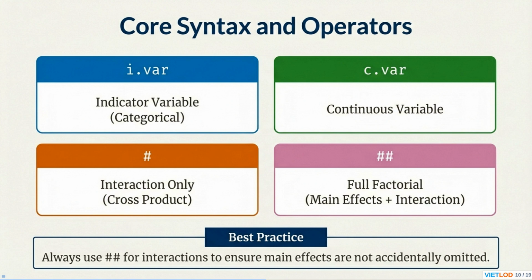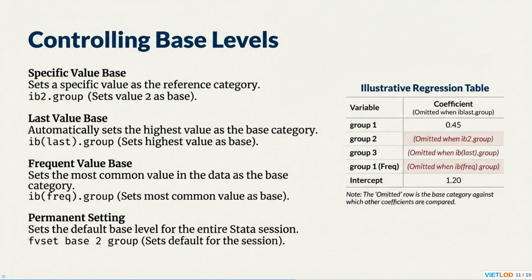The double hash is for a full factorial specification, which includes both the main effects and the interaction. A crucial best practice to remember is to always use the double hash when modeling interactions. This guarantees that main effects are included in the regression, preventing the accidental omission of critical terms from your model.